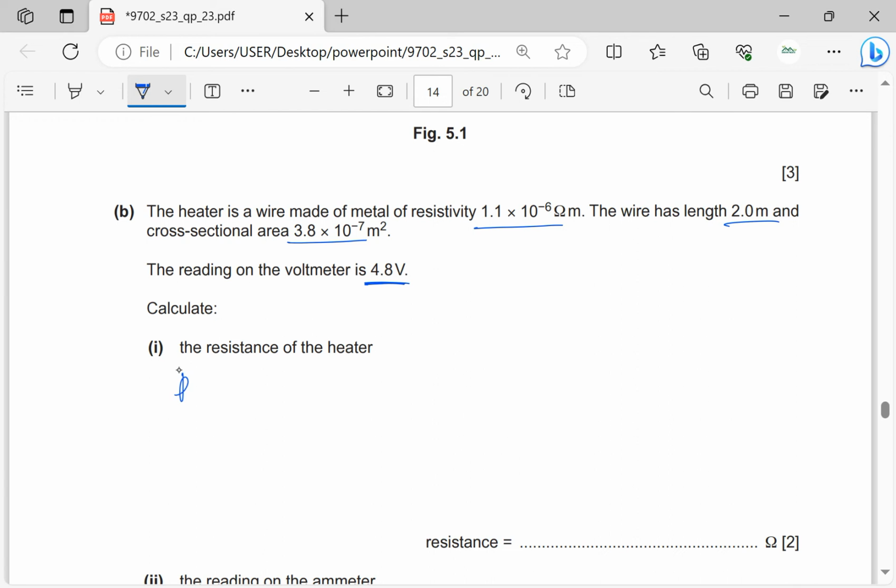So we know that resistance is equal to rho L over cross-sectional area, where rho is resistivity. So this is going to be 1.1 times 10 power minus 6, L is 2.0 meters, divided by cross-sectional area, which is 3.8 times 10 power minus 7.